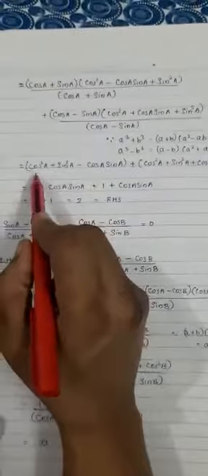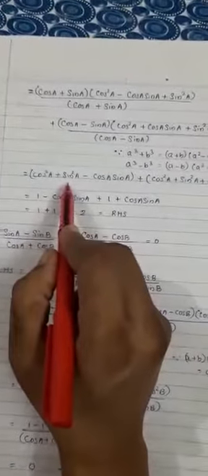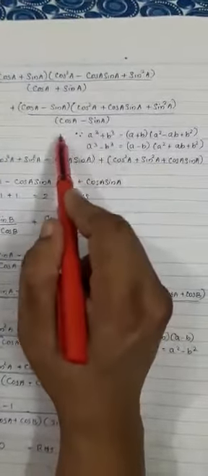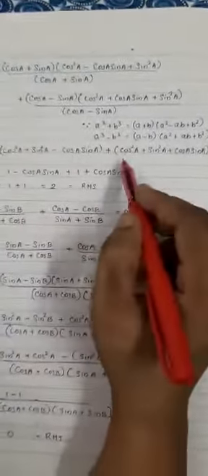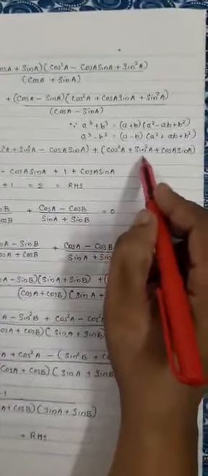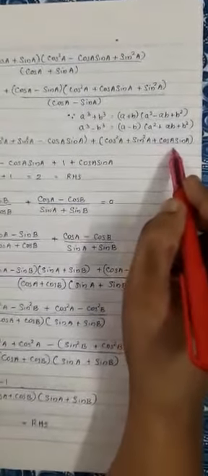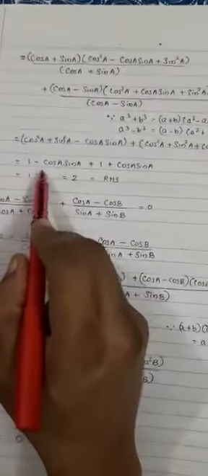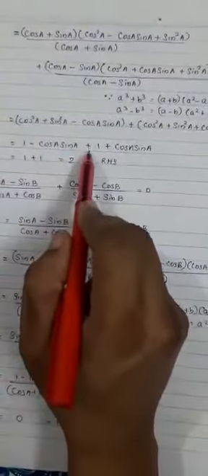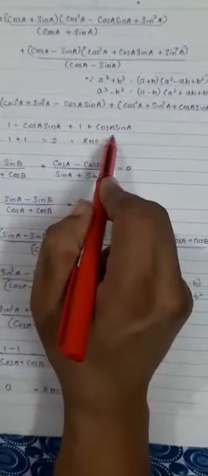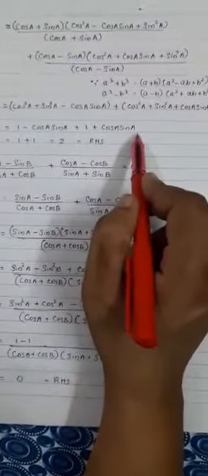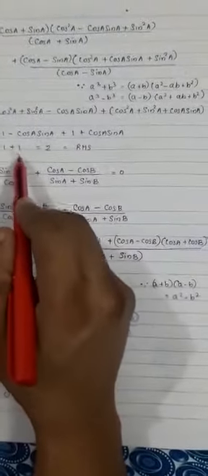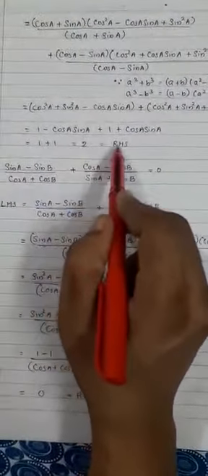So this is cos square A plus sin square A minus cos A sin A, plus here cos A minus sin A cancel. So this is cos square A plus sin square A plus cos A sin A. That is equal to 1 minus cos A sin A plus 1 plus cos A sin A, since cos square A plus sin square A is equal to 1. That is equal to 1 plus 1 equal to 2 equal to RHS.